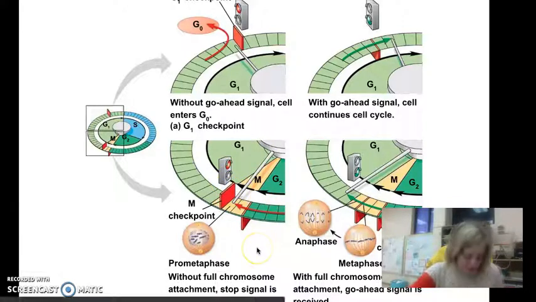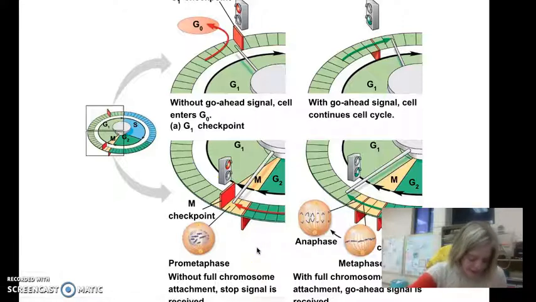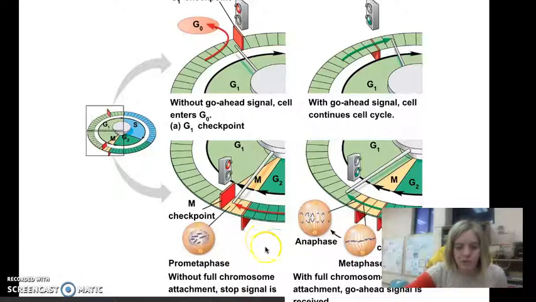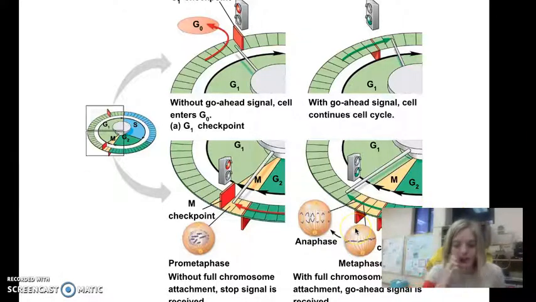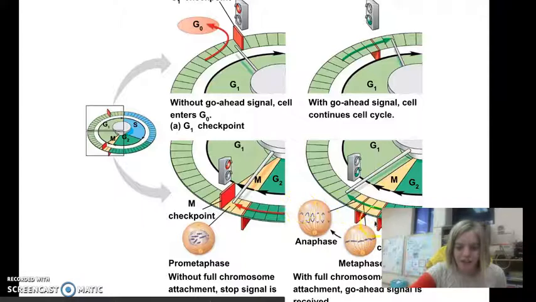And this is usually regulated by, for example, the chromosome attachment to the spindles. If the chromosomes aren't fully attached and lined up, mitosis will not continue past prometaphase. So that's what we call the M checkpoint. But if the chromosomes are attached and lined up, that means it's going to divide correctly, and that's the go signal, and then the cell division will proceed all the way through.